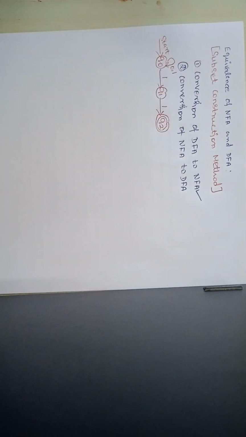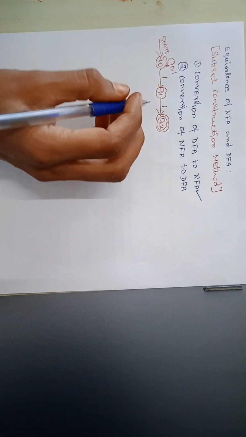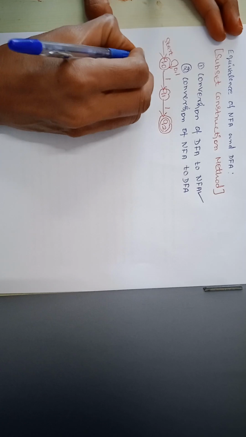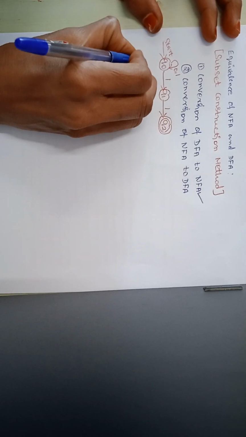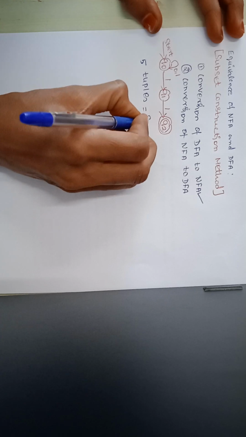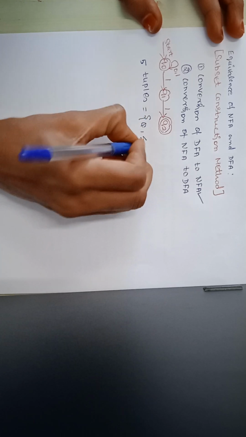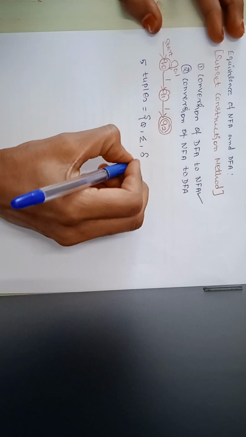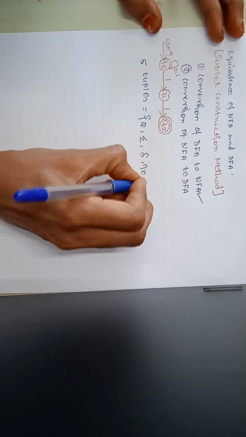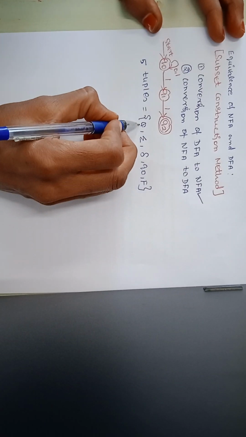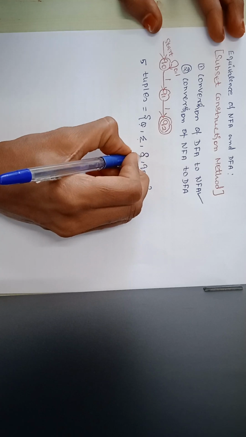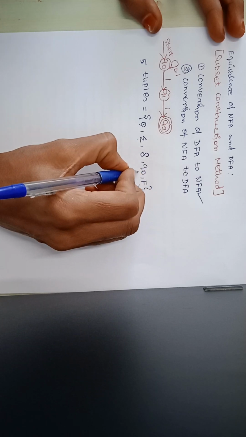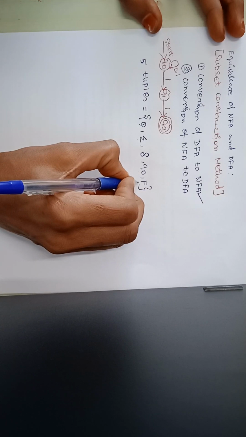Both the NFA and DFA have 5 tuples, that is Q, epsilon, transition, Q0 and F. Q is the set of states, epsilon is the input symbols, then the transition function, Q0 is the starting state, F is the final state.